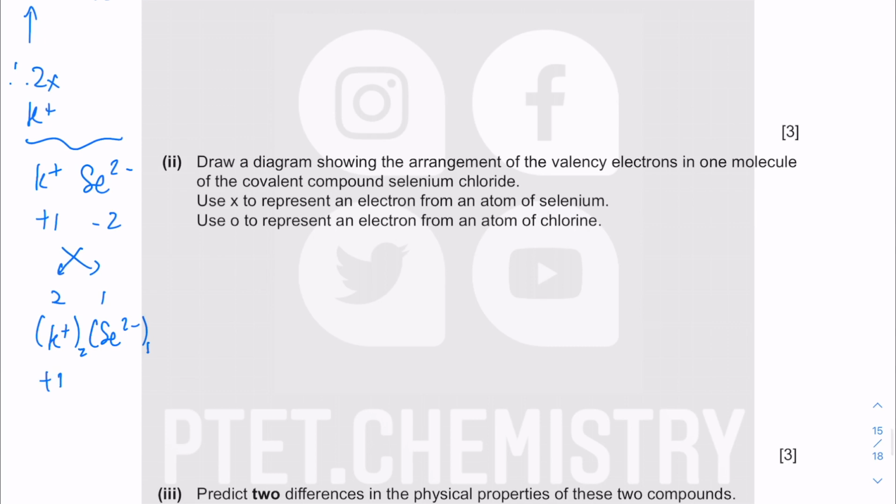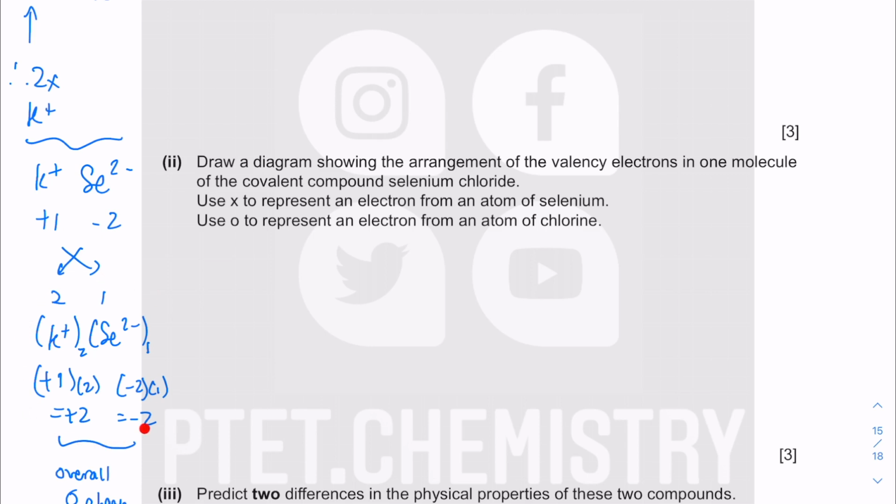Okay, +1 times 2 is +2, -2 times 1 is -2. Overall, an ionic compound has 0 charge. A compound is not an ion. An ionic compound is not charged. It contains ions that are charged, and therefore the charges must be balanced.